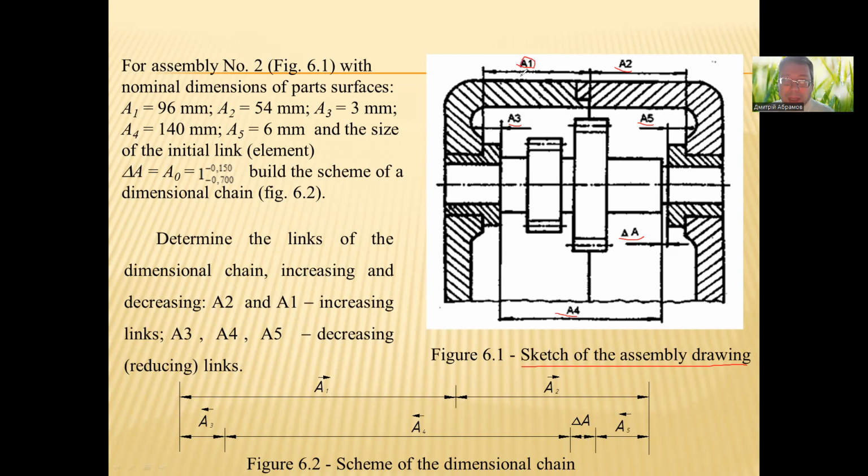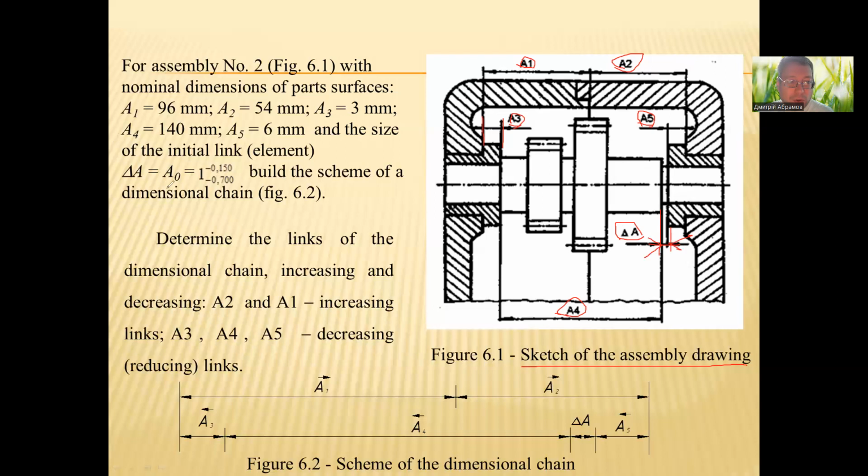A2 is equal to 54 millimeters. A3, you can see on the figure, is equal to 3 millimeters. A4 is 140 millimeters. A5 is equal to 6 millimeters, and the size of the initial link is the clearance between parts.